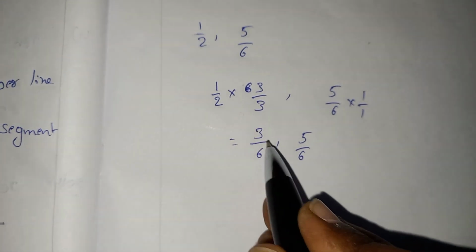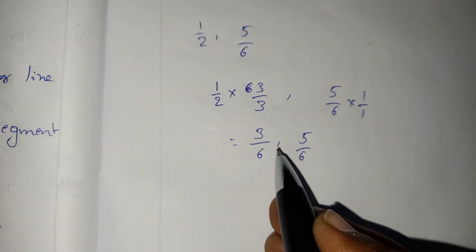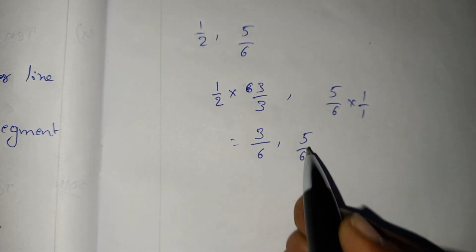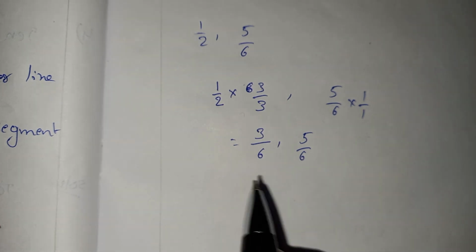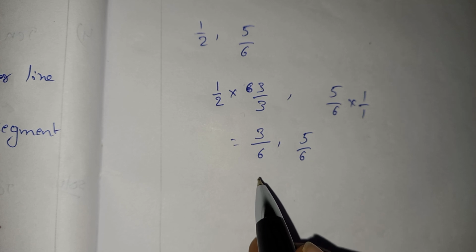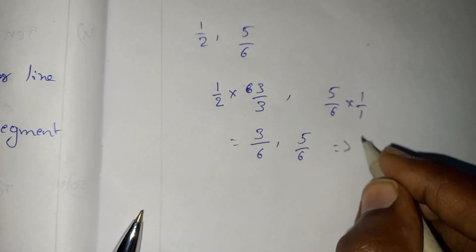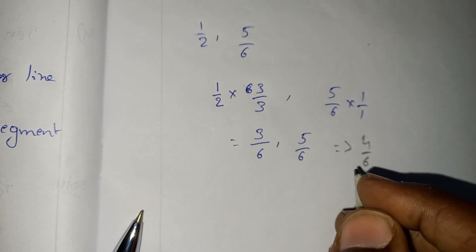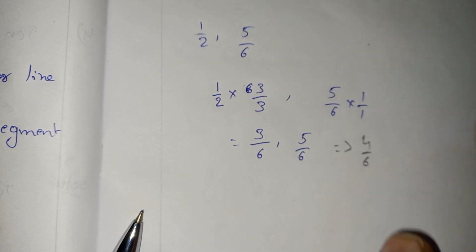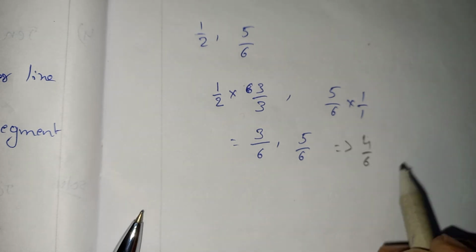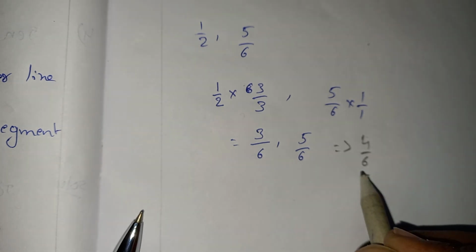What's the in-between value between 3 and 5? 4. 4 by 6 is the in-between value of 3 by 6 and 5 by 6. Again we got a problem here. What is that problem? Okay, we got 4 by 6 here. But what did they ask? They asked us to write three numbers.